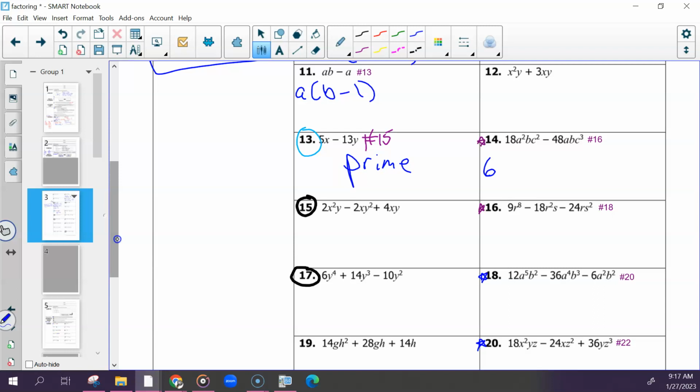Say that again. A, B, and C. 1 of each, yes. Sorry. You can take more than 1 of C. They both have at least 2. They don't have 3. Right, so if we're taking 6abc squared out of both terms, what's left?